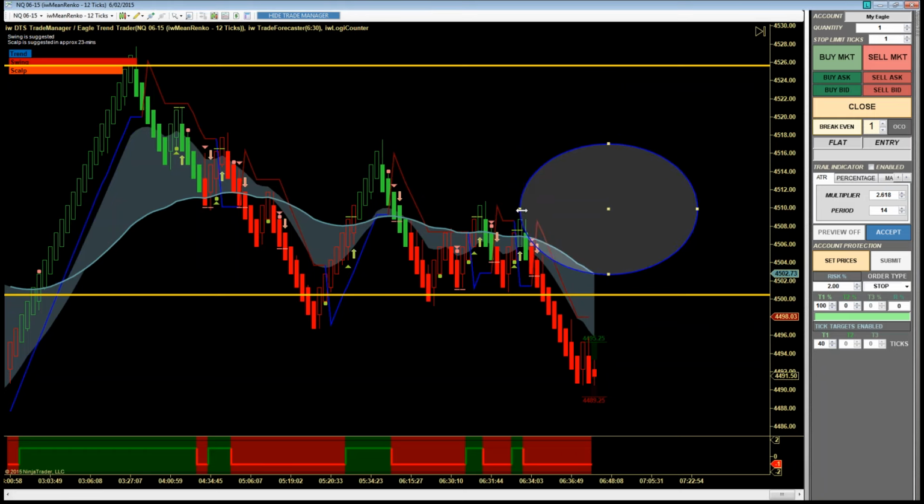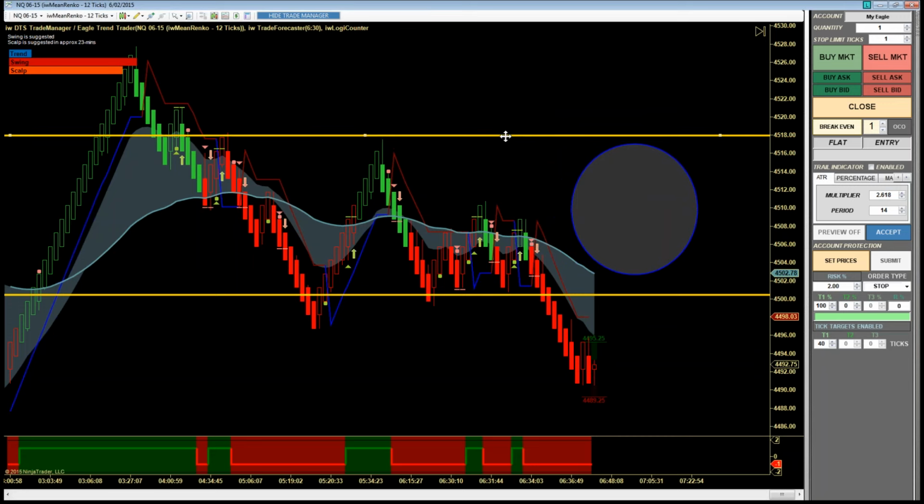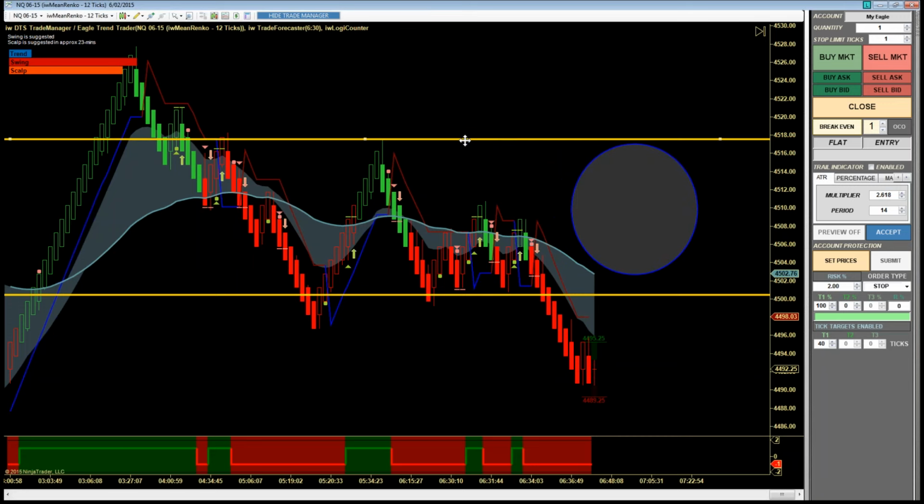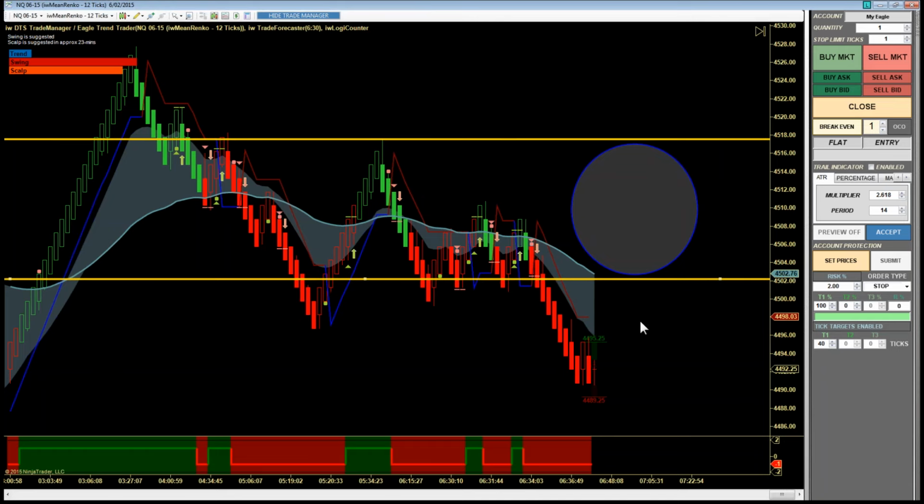So if you see a smaller gap off of the open, let's say this is where the market closed, and this is where the market opened, and let's say it was a smaller gap, the odds are the market will try to get into that gap before very likely resuming the trend that caused the gap.